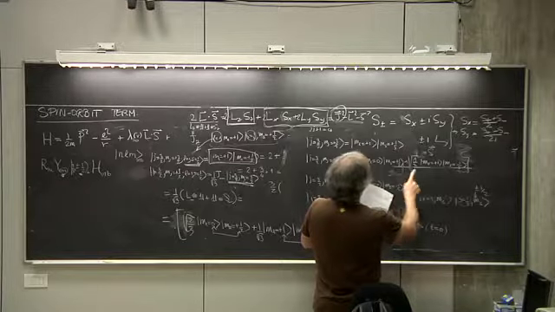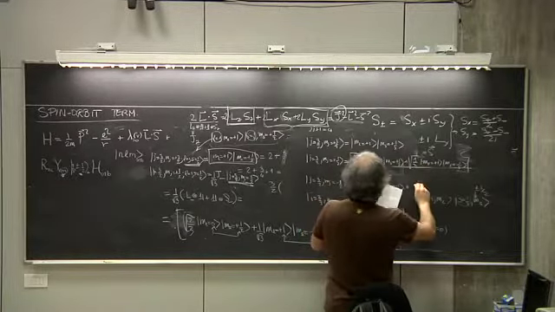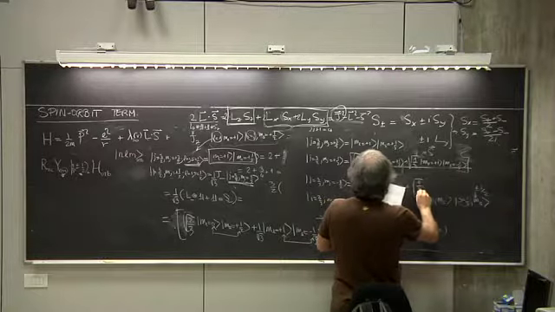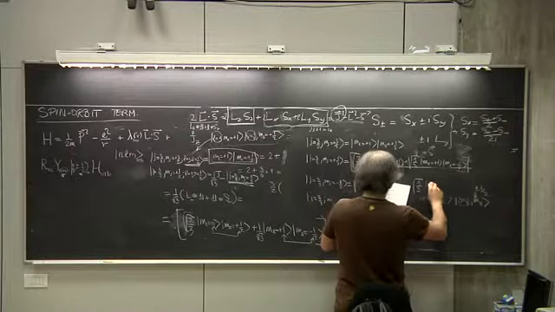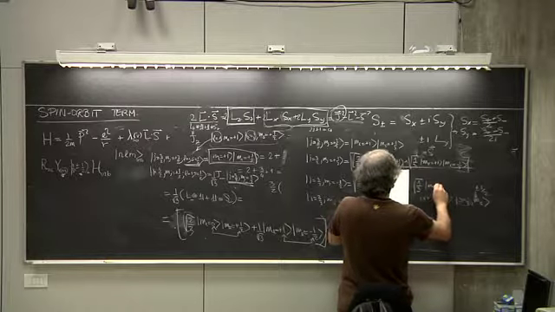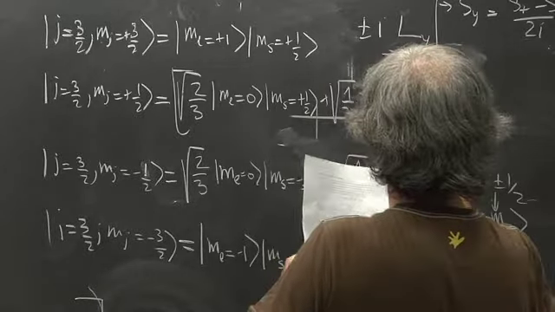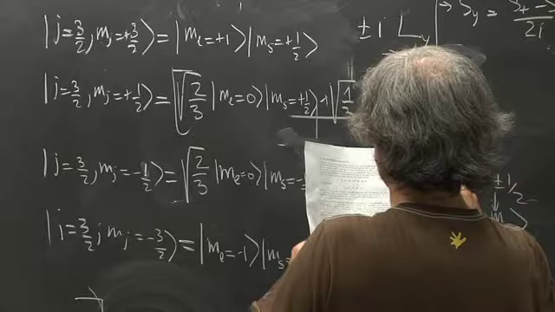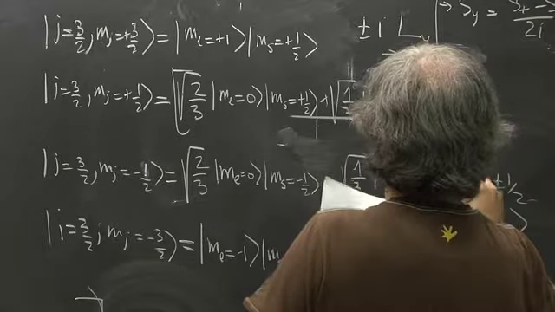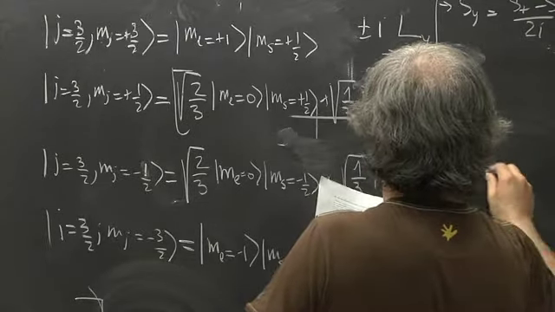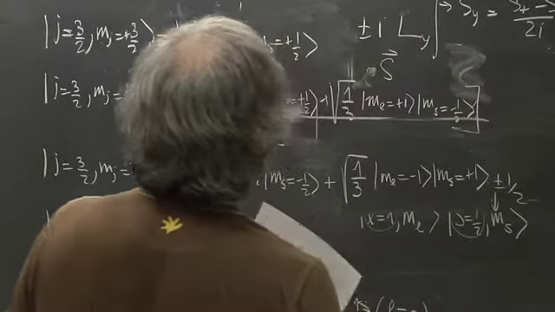0 or -1, so it comes from there, plus 1/√3 ml equal to -1, ms equal to +1. Okay?